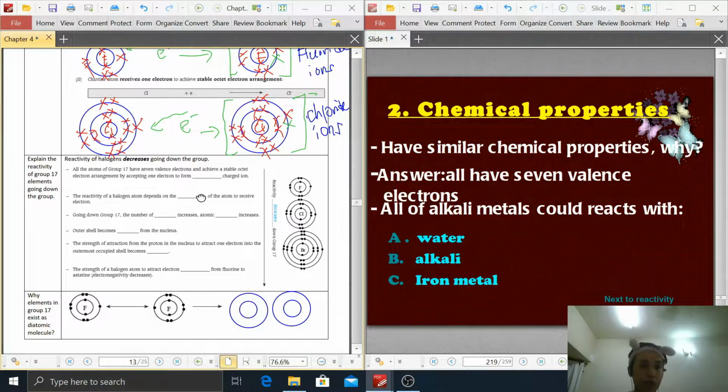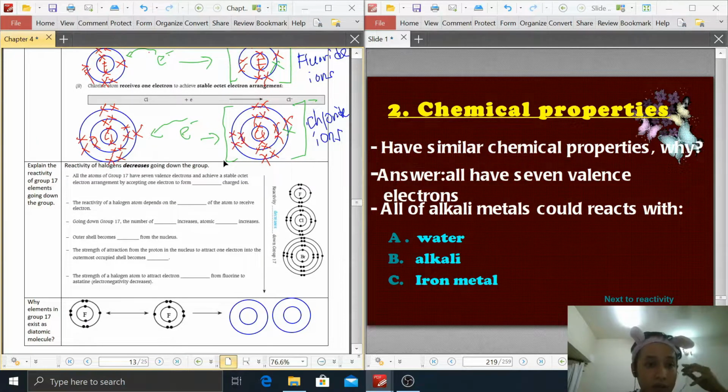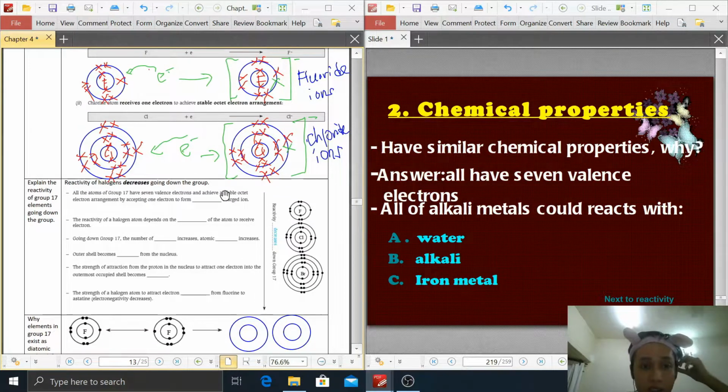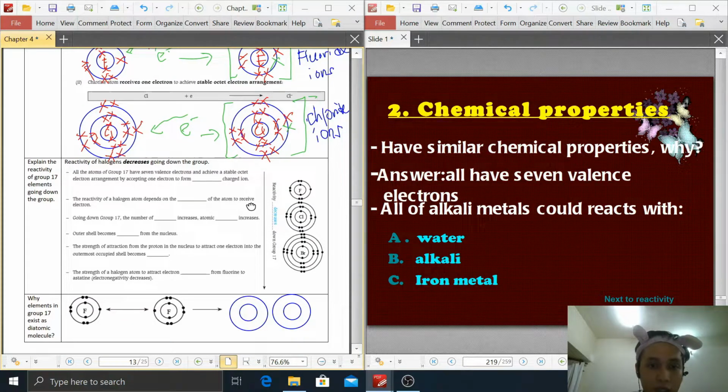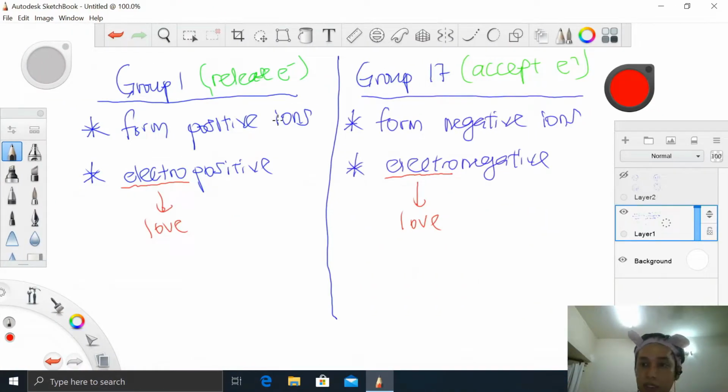So next, we are going to look at the reactivity. Okay, now for the reactivity of halogens, it's important that you know it's going to be opposite with the group 1 elements. Okay, because as you go down the group, it will be slightly different.